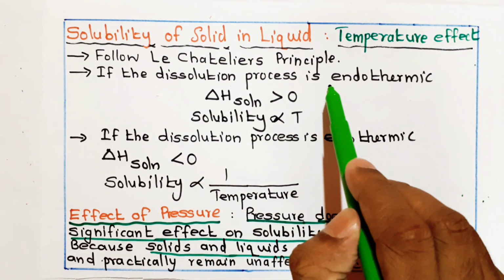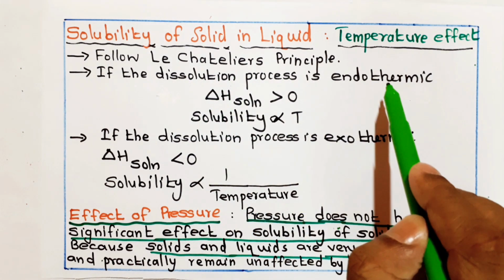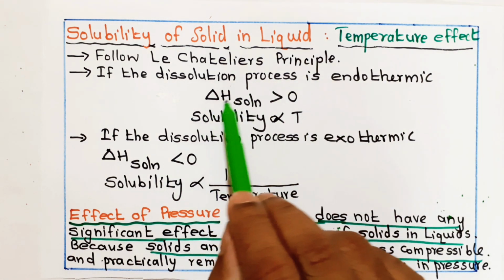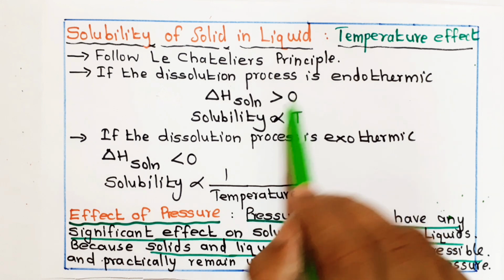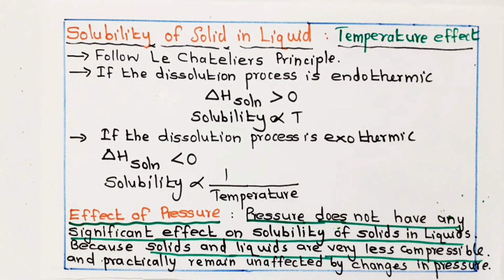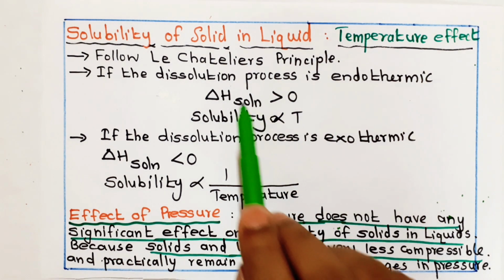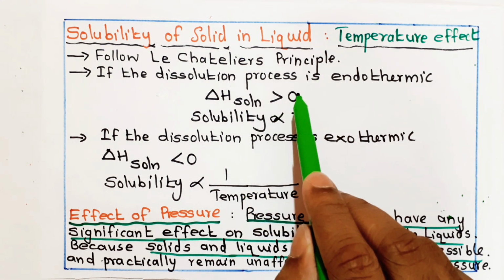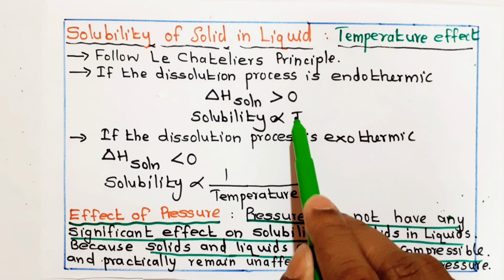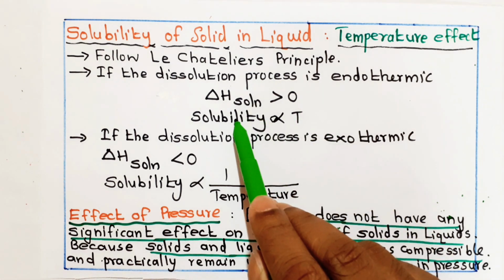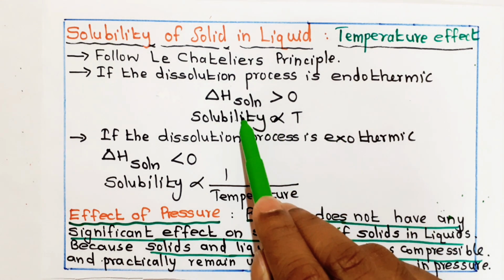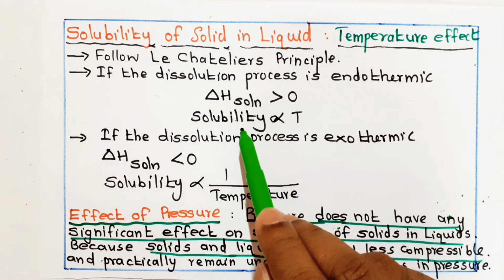In this case, delta H of the solution is greater than 0. So if delta H of the solution is greater than 0, when the temperature increases, solubility increases. When the temperature decreases, solubility decreases.